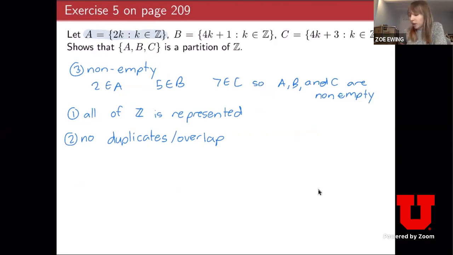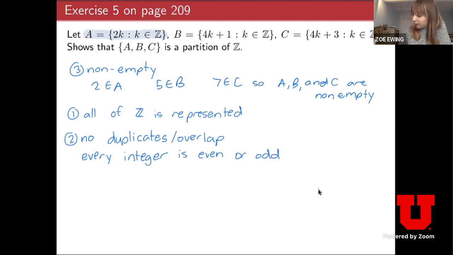So what we can show from this, it's not as much a mathematical proof as it is a reasoning proof, because we know that every integer is even or odd. Do we all agree with that?